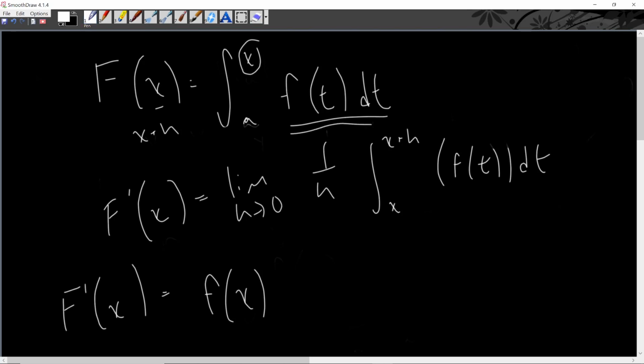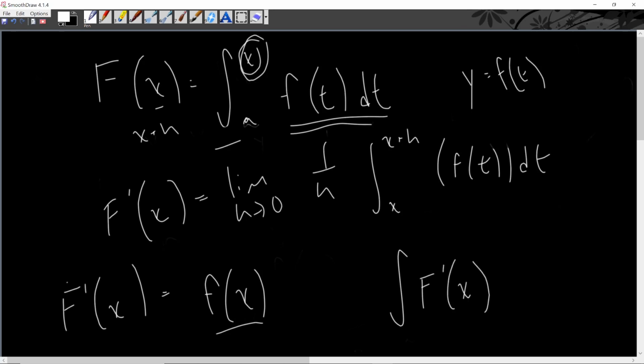F of t dt, we said that y is equal to f of t, but since we use x as our value, we can write this as f of x, which means that if f prime x is equal to f of x, then we're just going to use this indefinite idea. Well, it's not opposite, but we're using the definite integral notation in a different way.